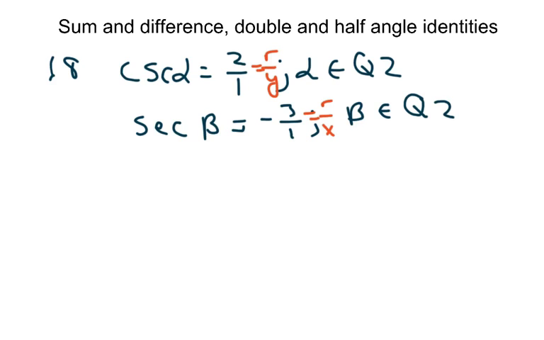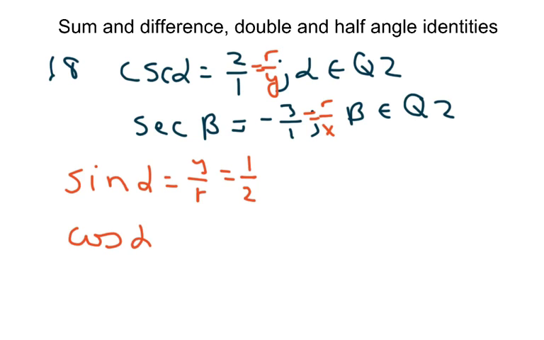So for sine of alpha, we need y over r. So that just means I'm going to flip this, which is 1/2. And we're also going to need cosine of alpha.